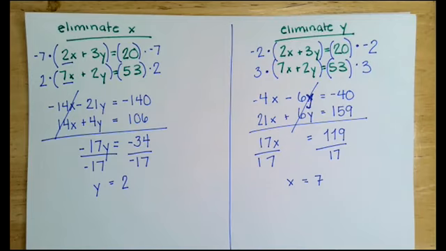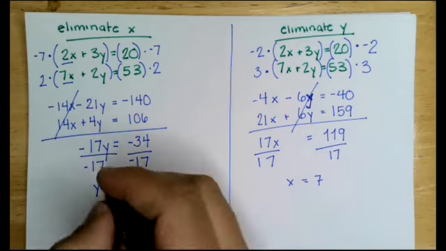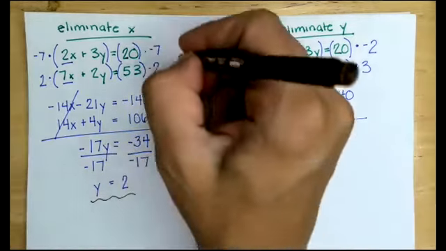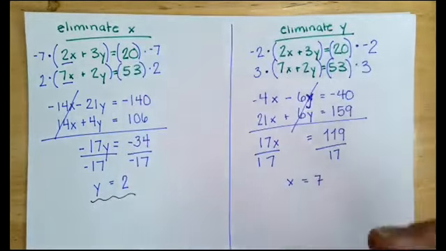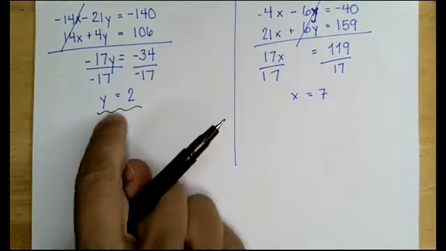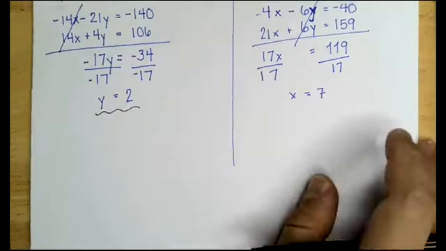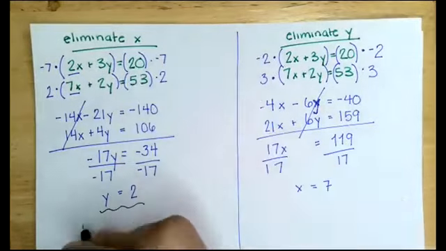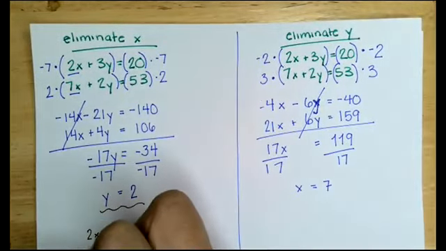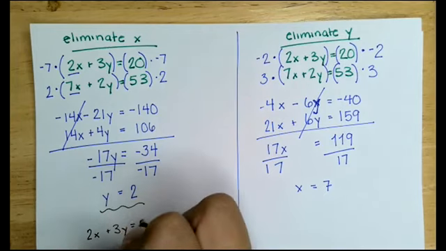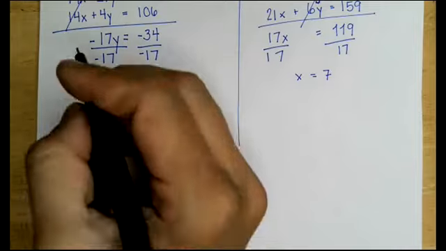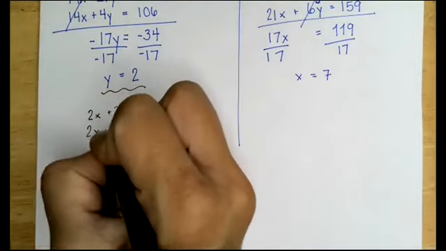And then we use this number. We can put it in either equation to find the other. Okay, so if I know y, but I still need x, I can just look at these. Which one looks easier? The top one. So I'll write 2x plus 3y equals 20, and I will substitute the y for a 2 and solve for x.